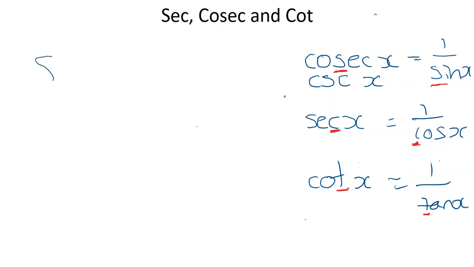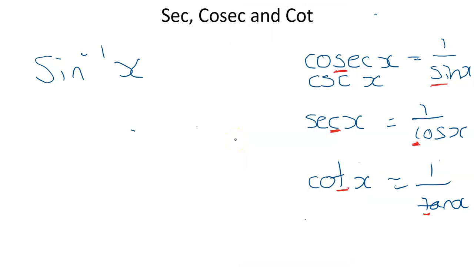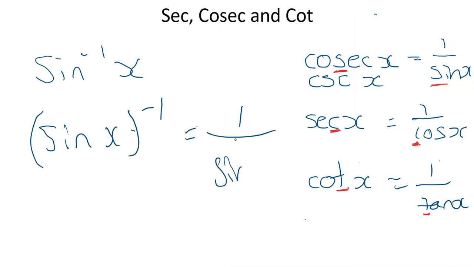Don't get confused with sine to the -1 of x, which is the inverse. So you see that on the calculator, sine to the -1. That's the inverse of sine, whereas sine x to the power of -1 means 1 over sine x, and that is going to be cosec x.